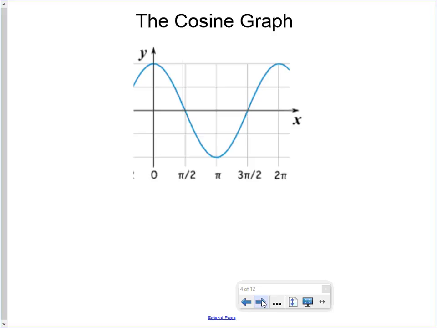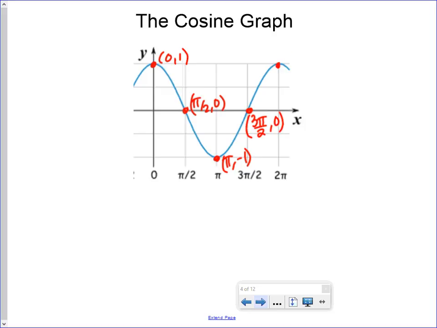Similarly, we talked about cosine yesterday using the unit circle, and we marked some special points, 0, 1, pi over 2, 0. The difference here is the x-coordinate is the angle, and the y-coordinate, instead of being the sine value, because we're doing the cosine function, is now our cosine value on the unit circle at that particular angle.